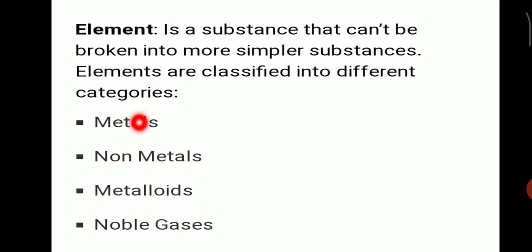All the elements can be divided into two main groups, that is metals and non-metals. Both metals and non-metals are used in our daily life. We also use a large number of compounds of metals and non-metals.